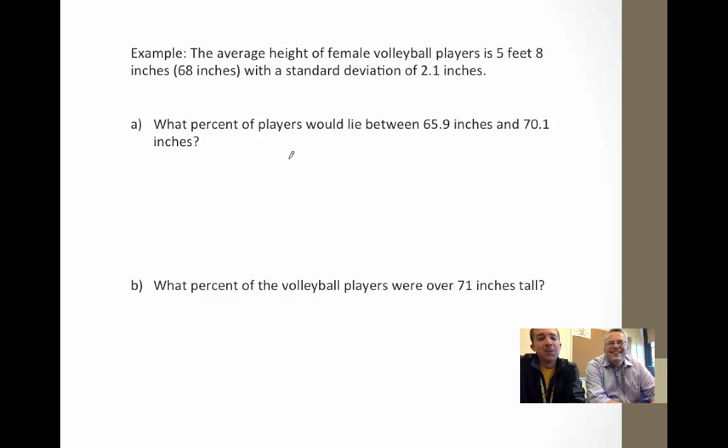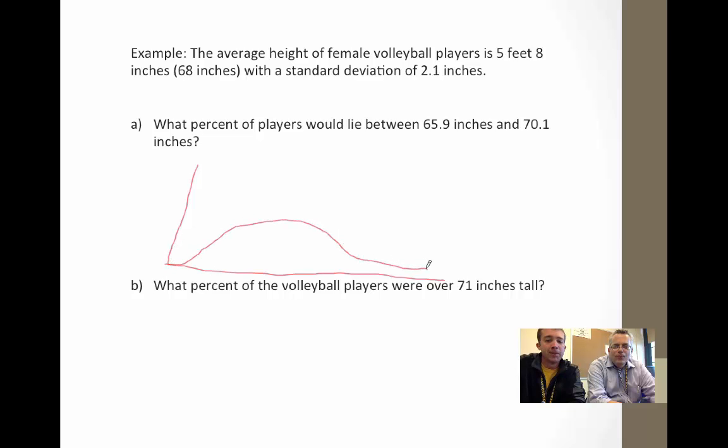All right. So first, we're going to review and ask what percent of the players would lie between 65.9 and 70.1 inches. So here I'll draw my bell curve, a fat bell curve. We have our mean right here in the middle, and that was 68.